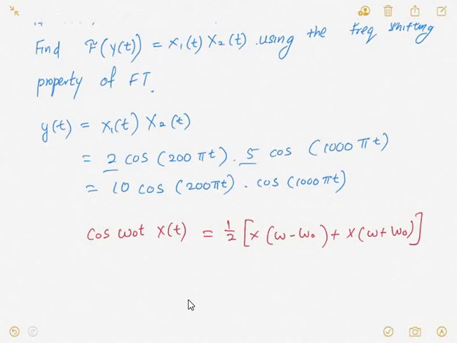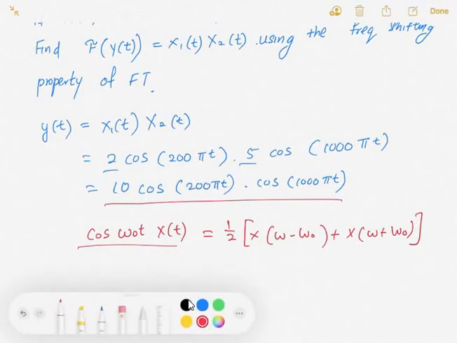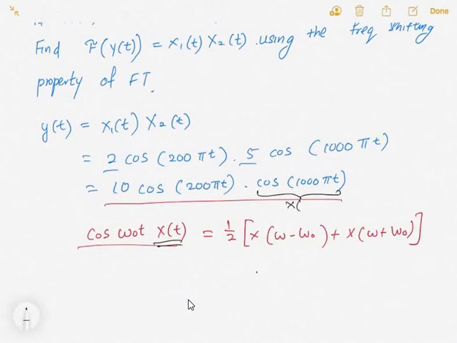Okay, if you compare this one with this one, you can see that x(t) refers to this part. So we assume this part is x(t).